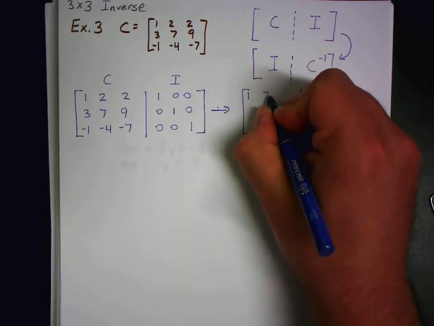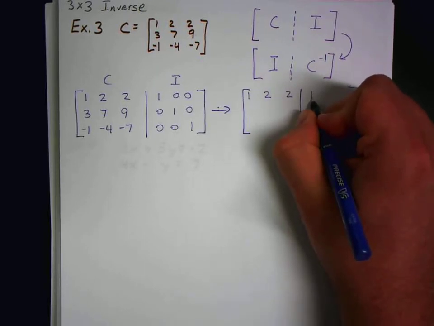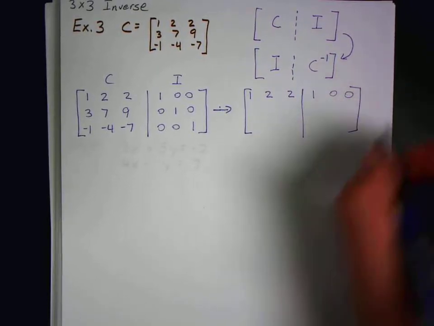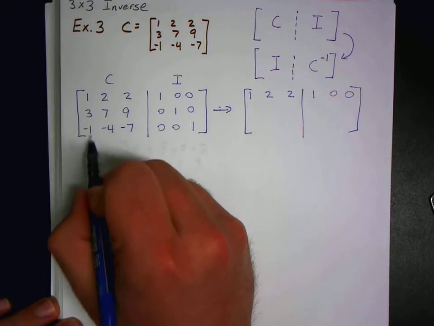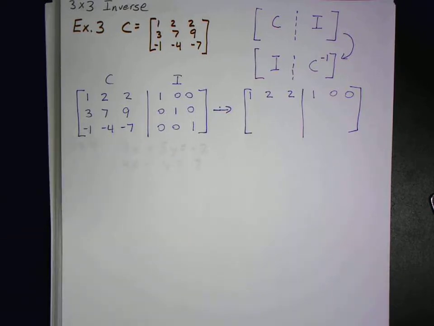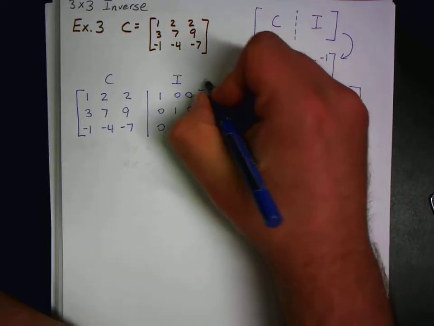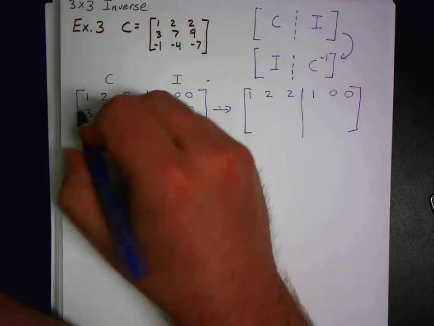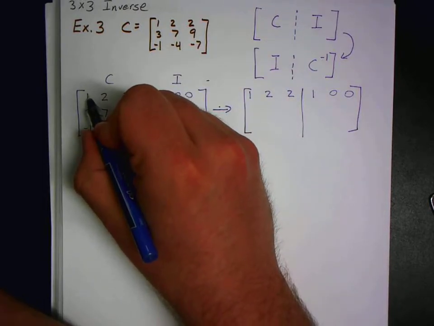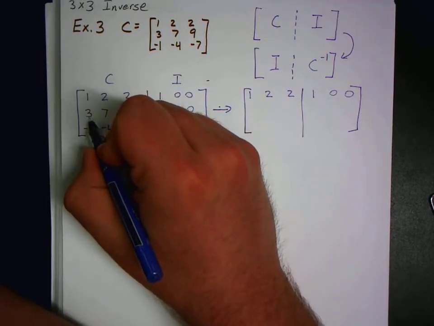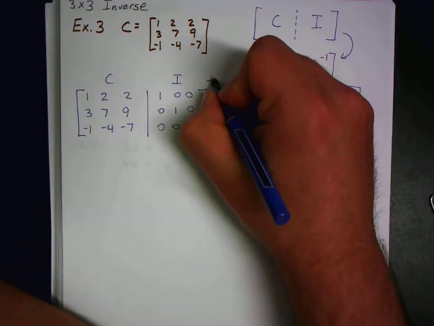Okay, this first step, I'm going to leave the top row alone, but I'm going to turn these first two into zeros, just like we did in 8.1. What do I need to multiply the top row by and add to the second row to turn that 3 into a 0? This is like having x and this is 3x. So how do I cancel out my x's? -3.